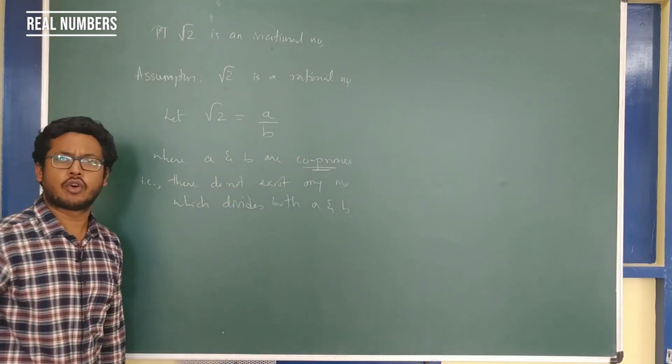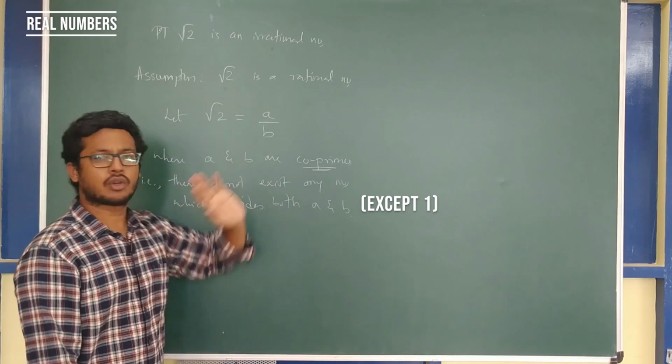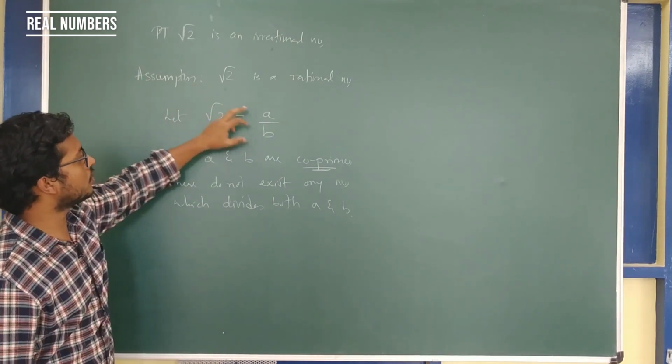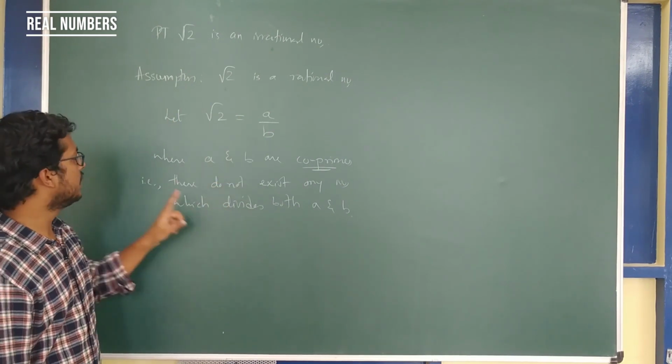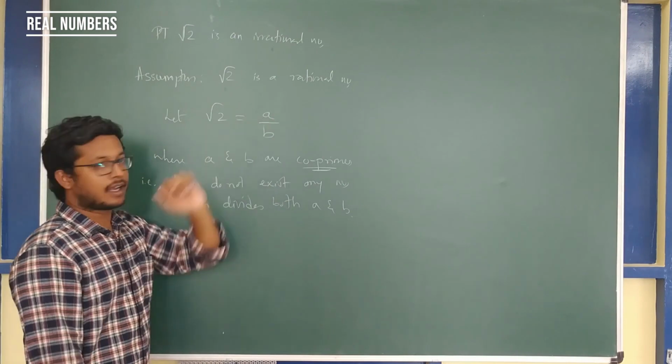You can also write co-primes as HCF of a and b being 1. That is also okay. So this is the argument that we are making. When I say square root 2 is in the simplest form a by b, it means that there does not exist any other number which divides a and b.